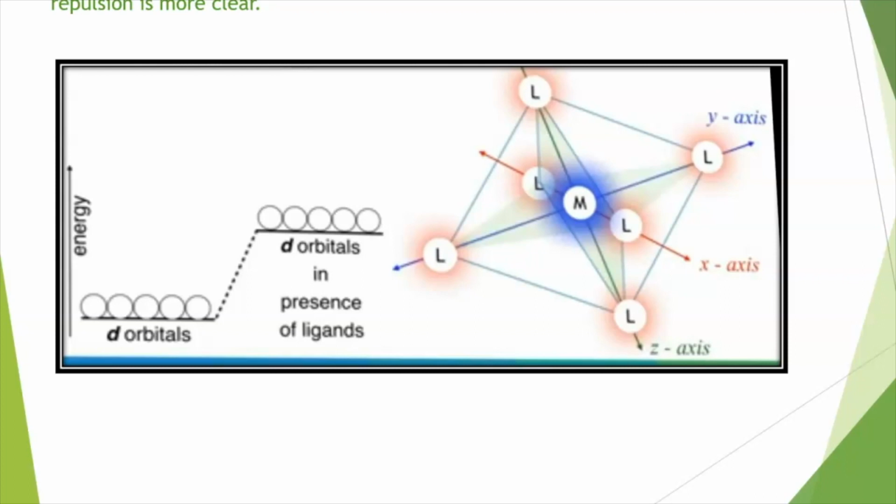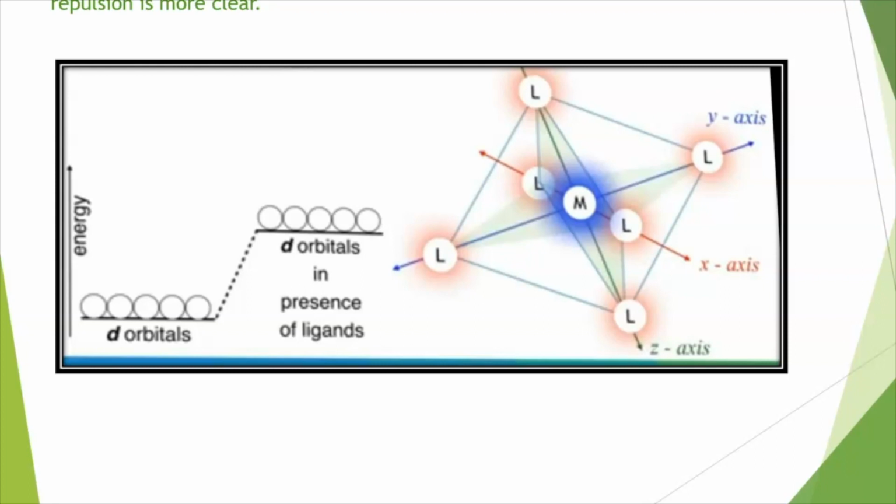Considering an octahedral complex, the 6 ligands approach the central metal ion along the 3 Cartesian axes, namely from the directions minus x, x, minus y, y, minus z and z.